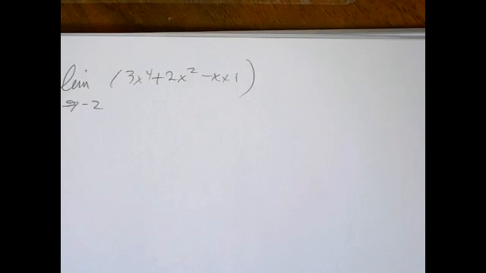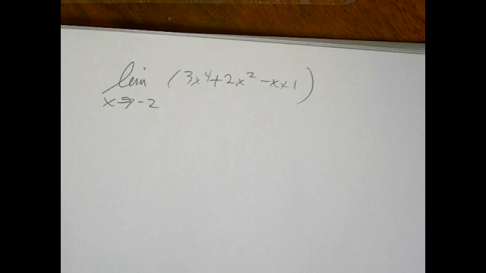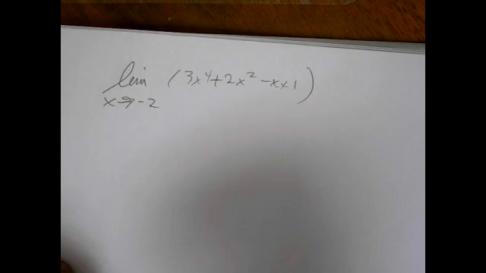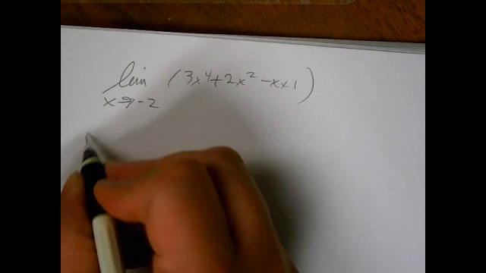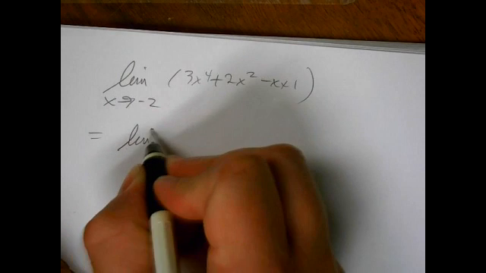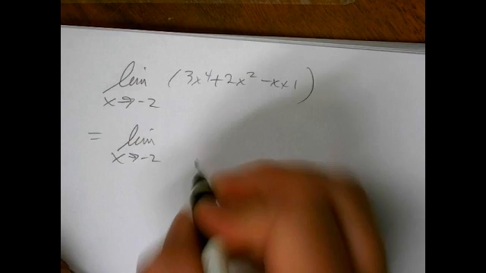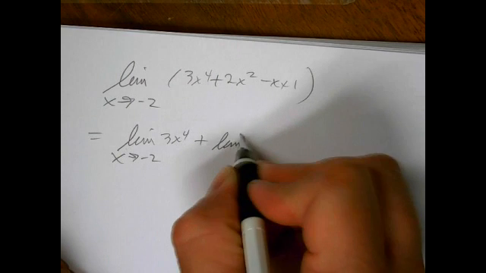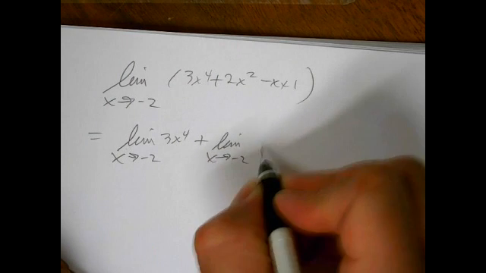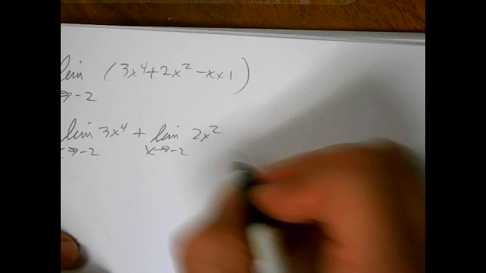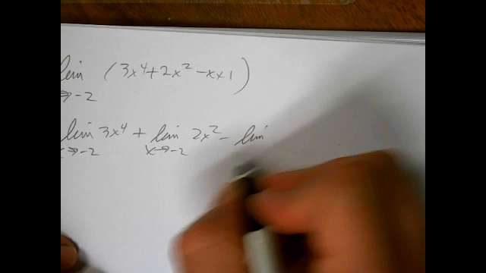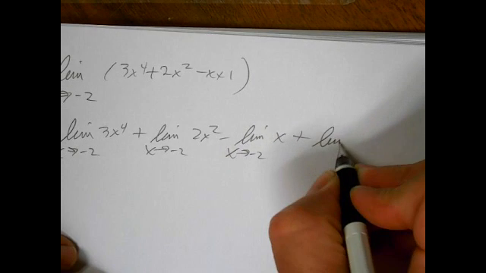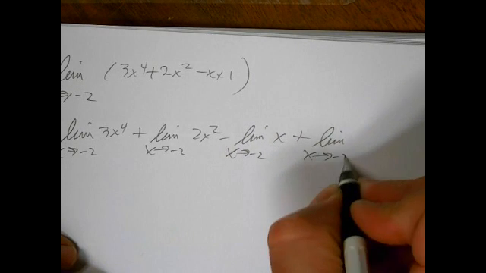All right? And when I say stretch it out and make it last as long as is humanly possible, here's what I'm talking about. This is going to be equal to the limit as x approaches -2 of 3x to the 4th, plus the limit as x approaches -2 of 2x squared, minus the limit as x approaches -2 of x, plus the limit as x approaches -2 of 1.